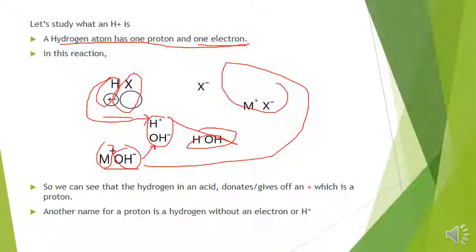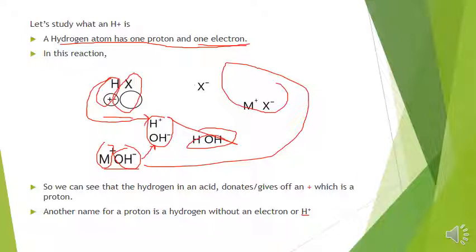So this H goes off as H plus, or donates itself in the sense of a proton. Another name for a proton, because after the H comes off all it is is a proton, since the electron has stayed with the minus here, is a hydrogen without an electron, or H plus.